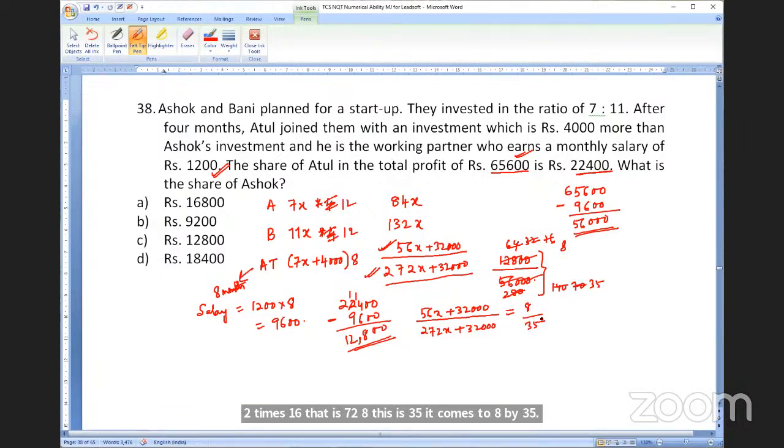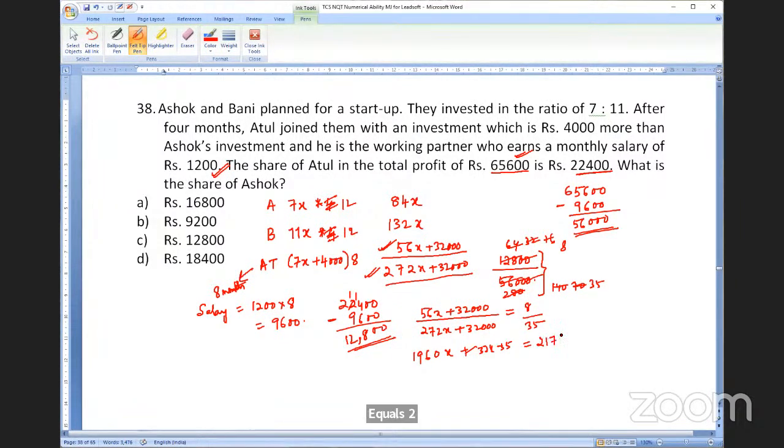Great. 56 into 35 would be 1960x plus 32,000 into 35 equals 272 into 8, which is 2176x plus 32,000 into 8. So 32,000 into 35 minus 32,000 into 8. 35 minus 8 is 27.